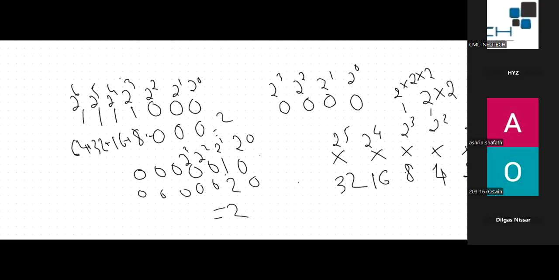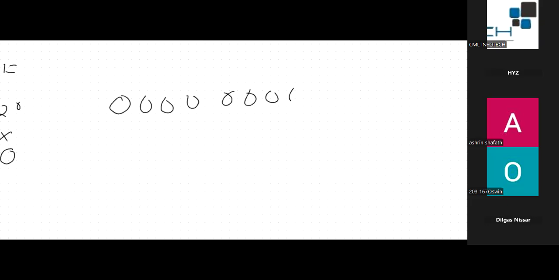So when you write an IPv4 address, all the 0s become 0.